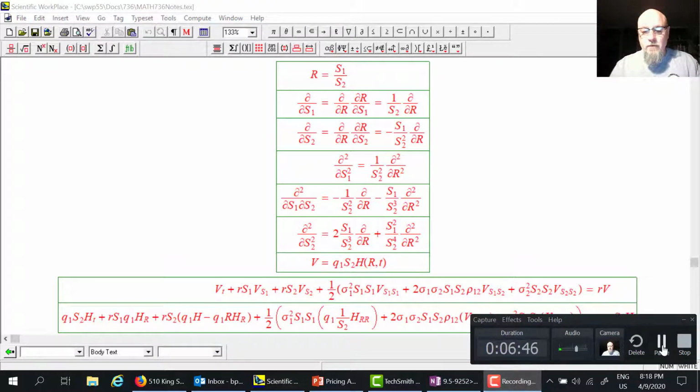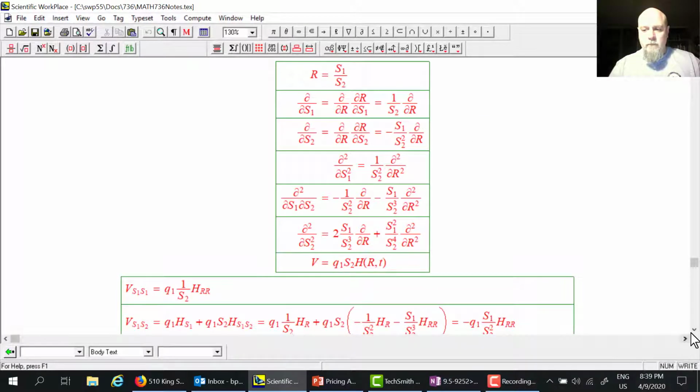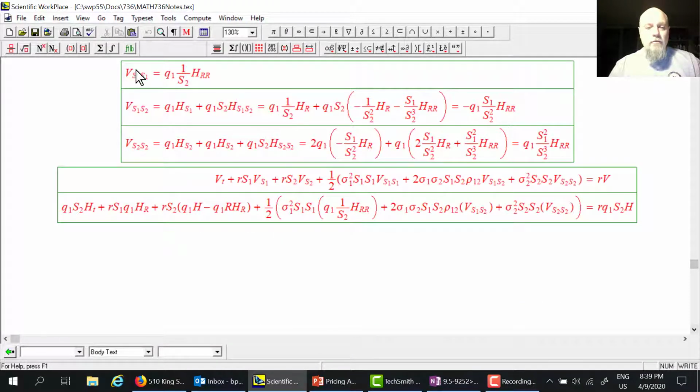So I'm going to pause. So here's all our derivatives, and I did a bunch of algebra. You should check these. It's chain rule, and they simplify down nicely. And in fact, before I sub them in here, maybe we can clean them up a bit.